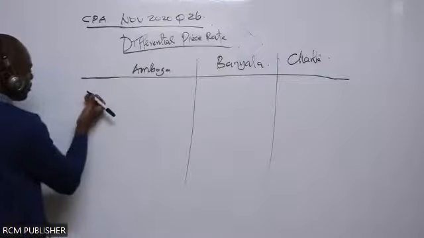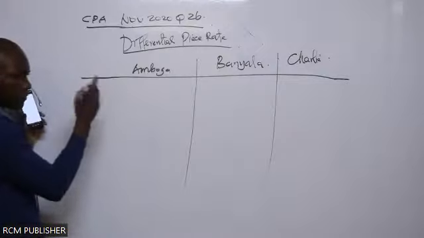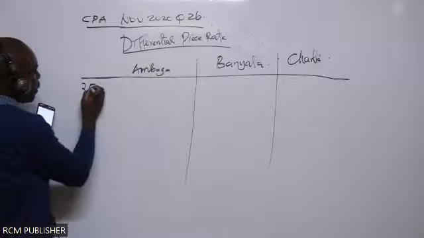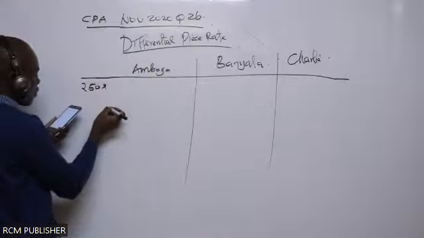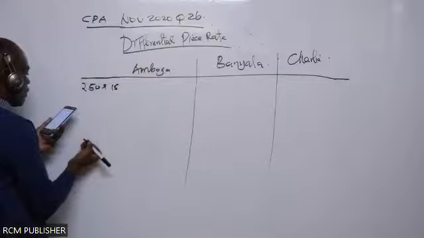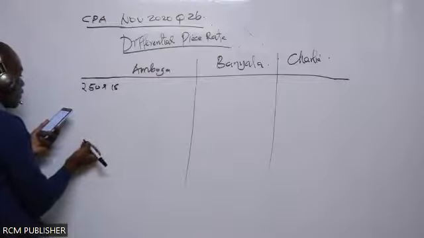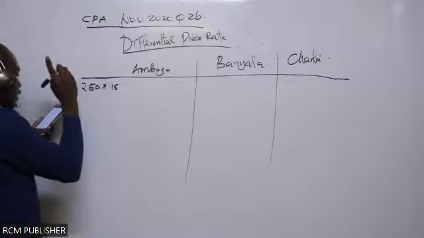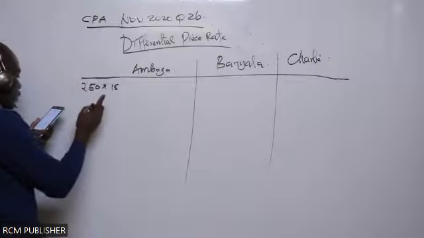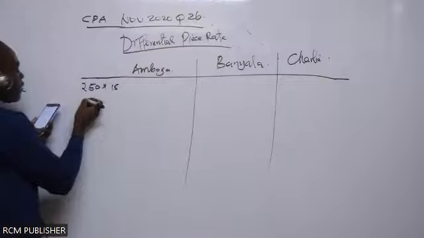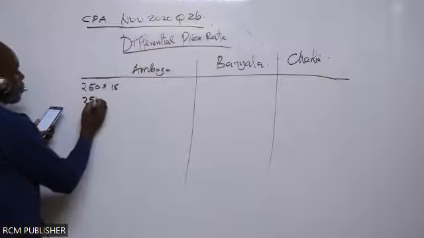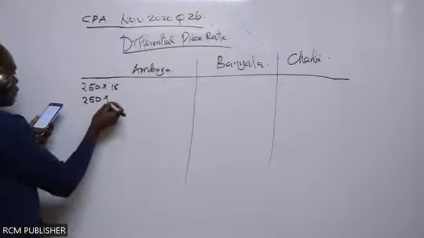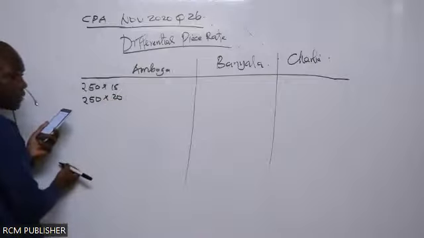So the first 250, hamburger will be paid 15 shillings. If it exceeds 250 by even 1 unit, he is entitled to 20 shillings per unit. So the next 250 units will be paid 20 shillings per unit.